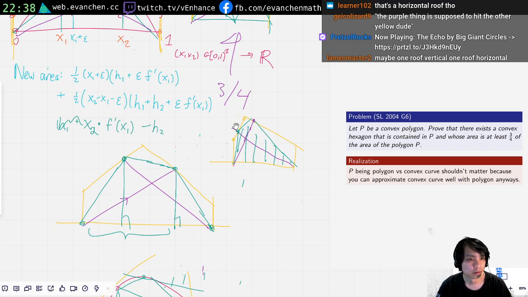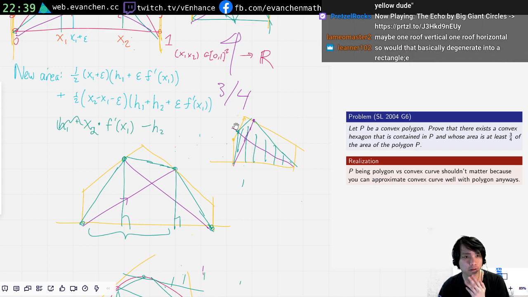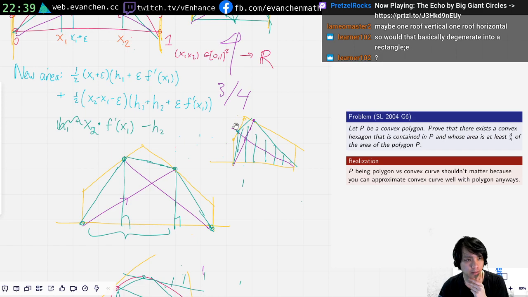Maybe one roof vertical, one roof horizontal. Well, here's my problem. Because of the way I constructed things, these are genuine local mins and maxes. Oh wow, it's almost 11. It would basically degenerate into a rectangle. Okay, let me try that.